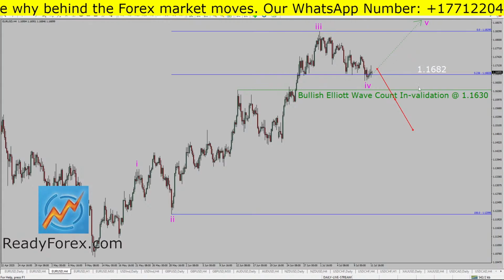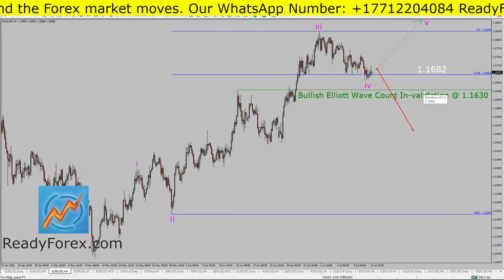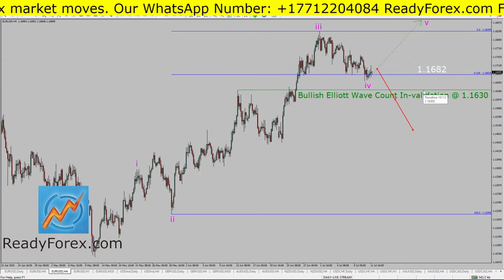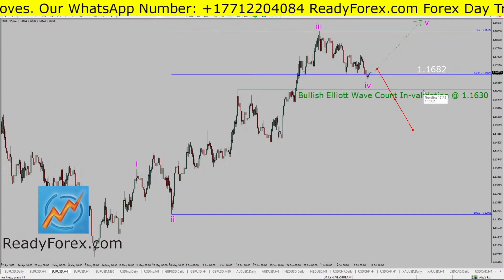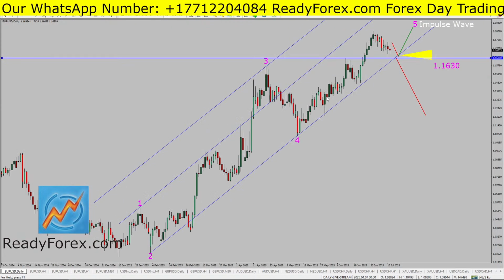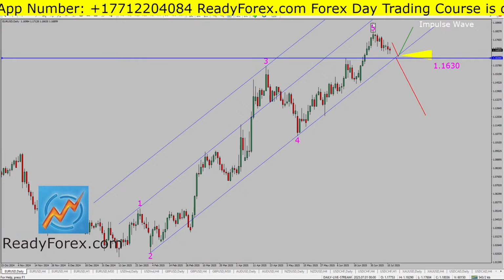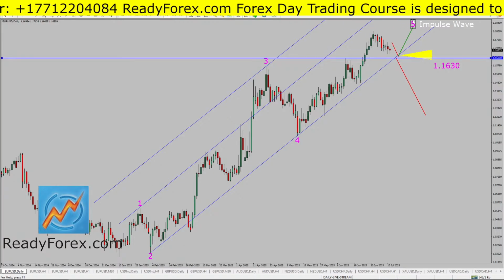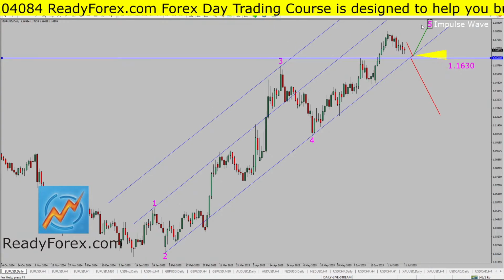It should not hit the 1.1630 level. If price action is going to touch the 1.1630 level, then obviously the uptrend is done. It's finished, and then we can say with high confidence that wave 5 has already completed over here. But for the time being, it seems to me wave 5 isn't over and the market is going to rise up from current levels.